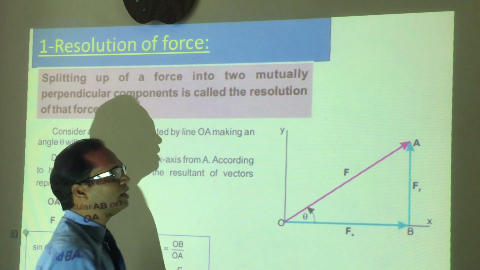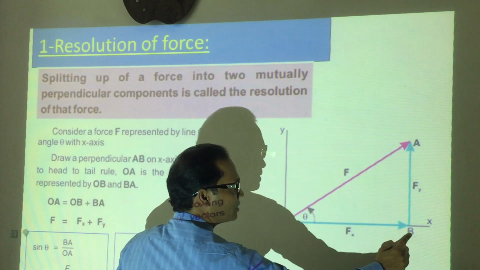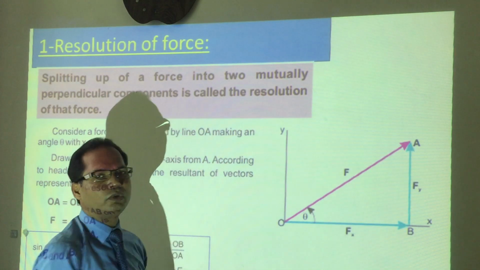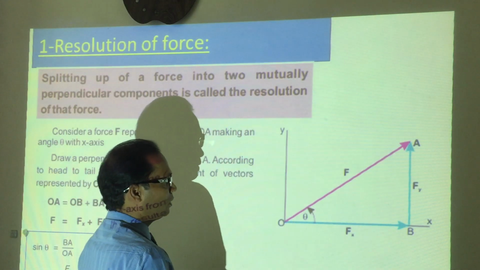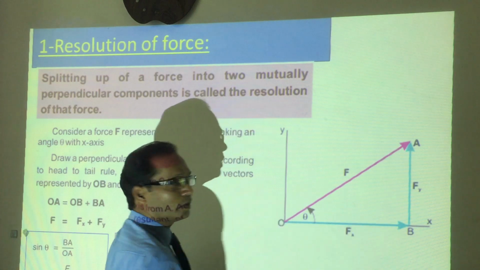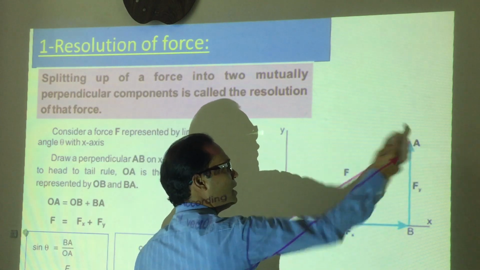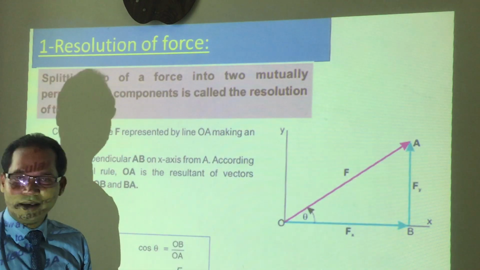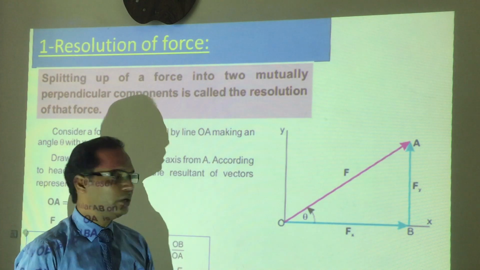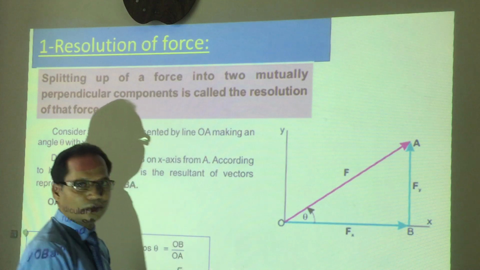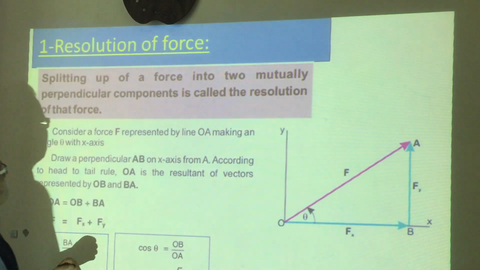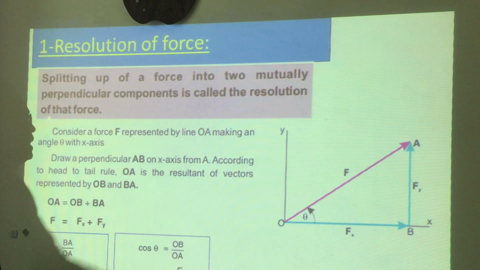When you draw the line, that line will cut the x-axis at point B. So we will have two vectors, one along the x-axis, OB, and another one, BA, right? With the help of the head-to-tail rule, if you add these two components, we will have the final vector, right?